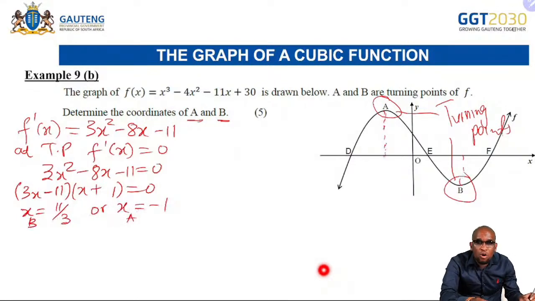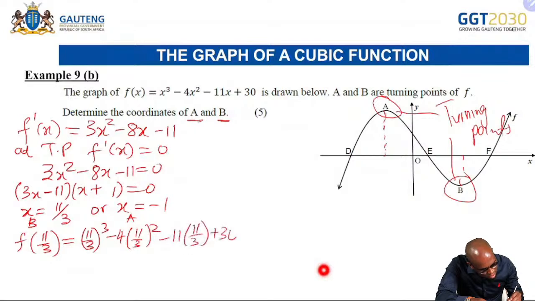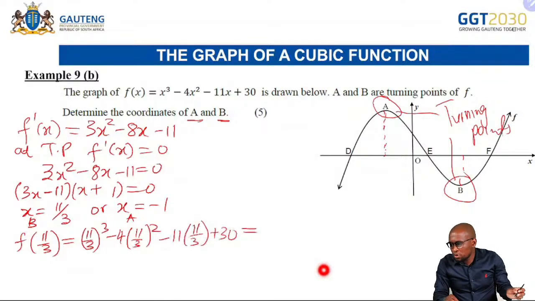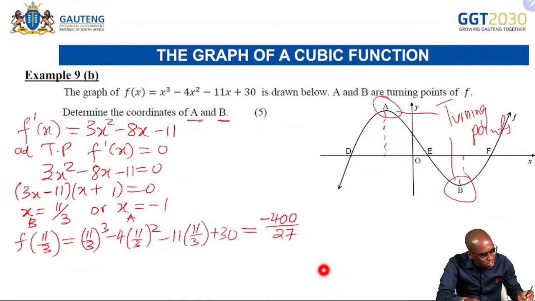Now remember, in order for us to find the corresponding y values, we need to substitute f of 11 over 3 back into the original equation. We get 11 over 3 cubed minus 4 into 11 over 3 squared minus 11 into 11 over 3 plus 30. And when you put it in your calculator, it simplifies to minus 400 over 27.